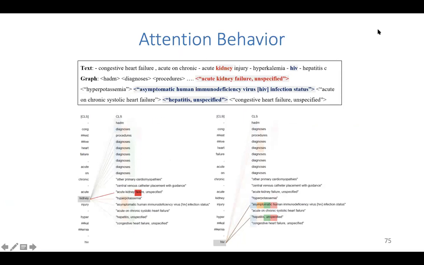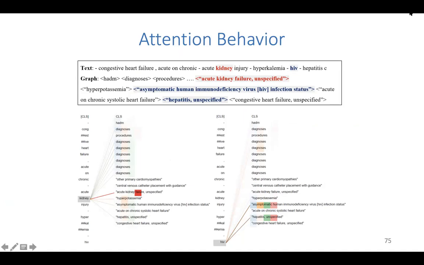Yeah, and just like we've seen in the vision text example, attention behavior. So see if the model can ground the text information to the graph information, or actually vice versa. You can see if the model can ground individual nodes to textual information as well.